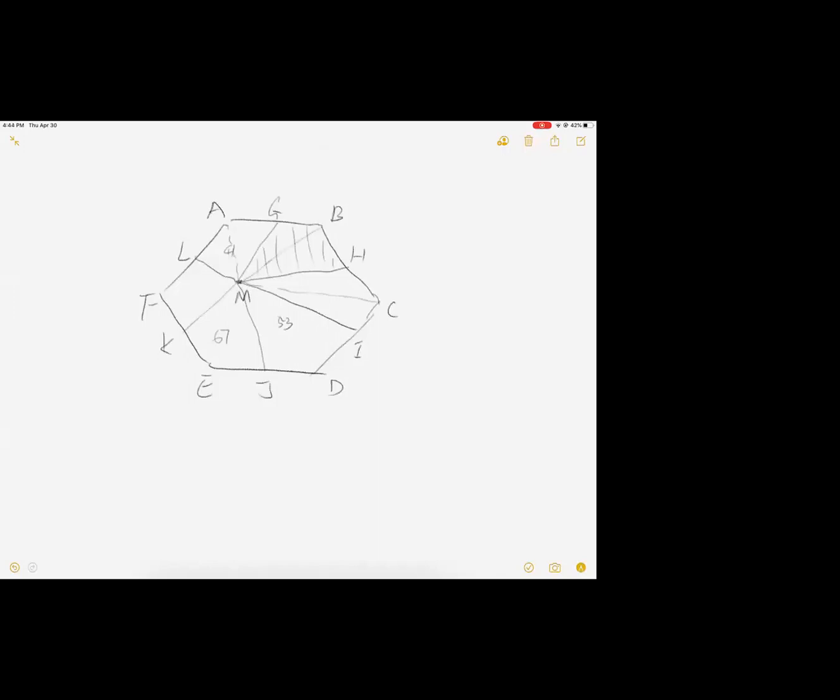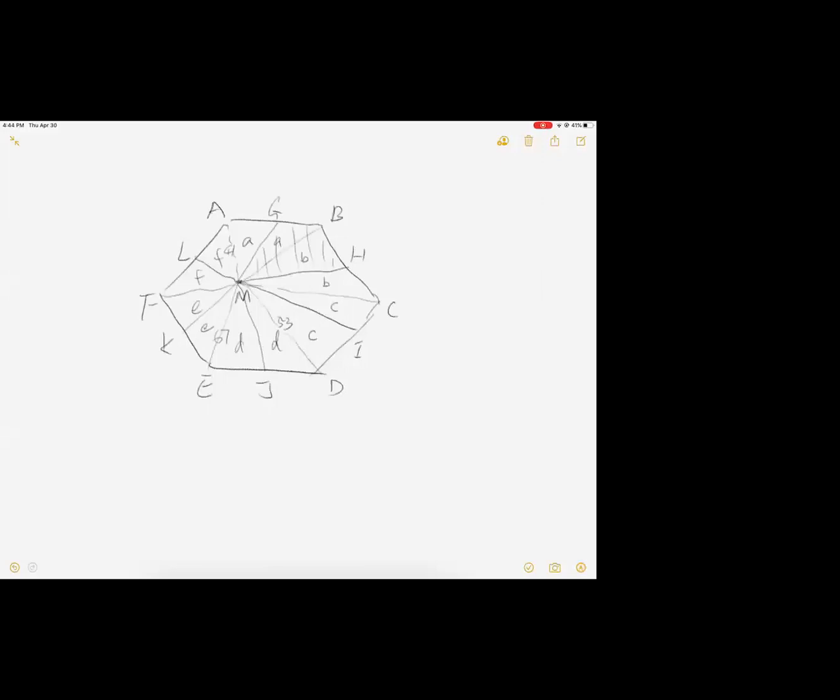Okay, keep going. I found AGM and GBM, they're both A. So I got each of both sides A. The next two are B, then C, C, D, D, E, E, F, F.